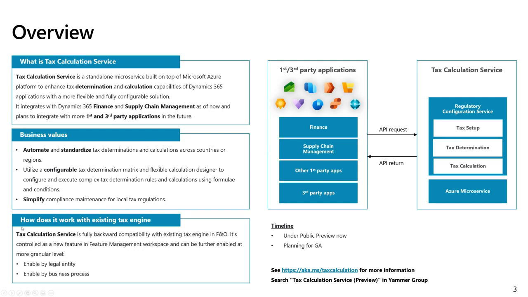And we got some questions about how the tax calculation service works with existing tax engines. So the answer is, from a functional perspective, tax calculation service is fully backward compatible with the existing tax engine in Dynamics 365 Finance and Operations apps. So how to enable it? You can enable it by your tenant. It's a new feature in your feature management workspace. You can just enable it like other features. And we have 2 further levels of control here.